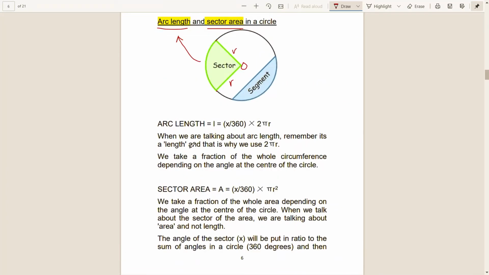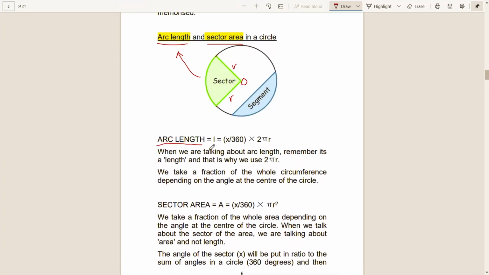Now what's arc length? Arc length is denoted by L, which is x over 360. What's x? X is the angle. It can be 10, 20, 30, right? Over 360 multiplied by 2 pi r, the circumference, right? When we are talking about arc length, remember it's a length, and that is why we use 2 pi r.